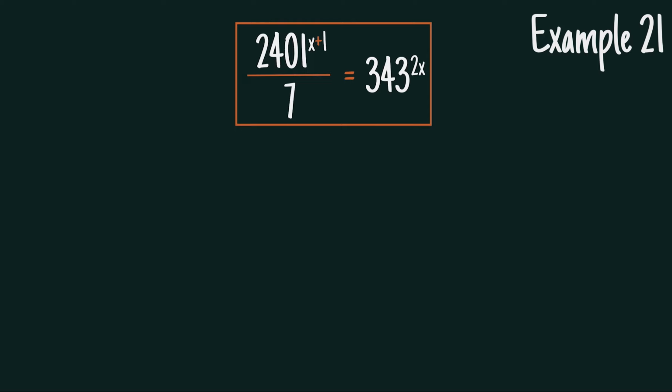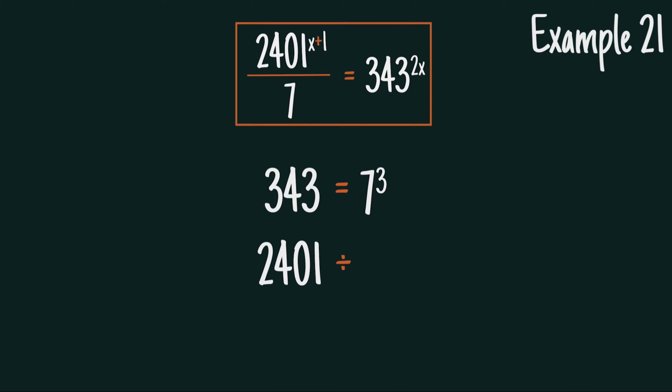Since the denominator of the term on the left is 7 and 343 is 7 to the power of 3, we can first divide 2401 by 7 and we will get 343. So 2401 is 7 times 343, which is 7 times 7 to the power of 3, and can be simplified further to become 7 to the power of 4.